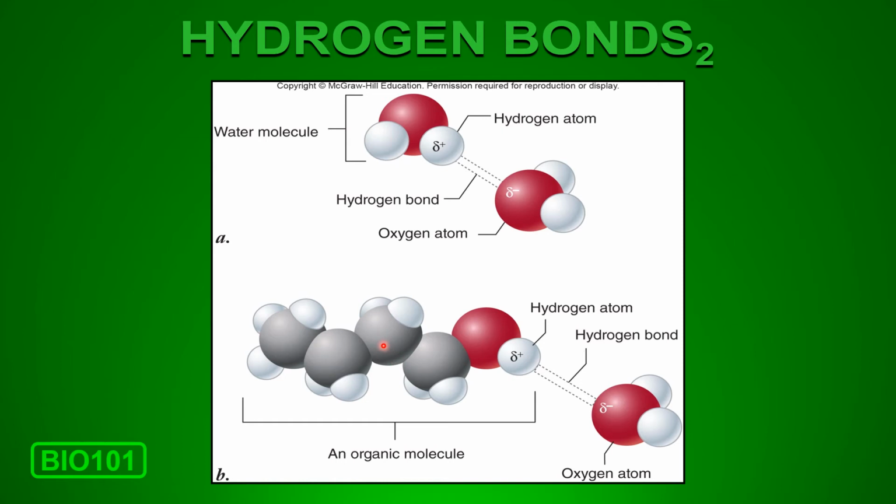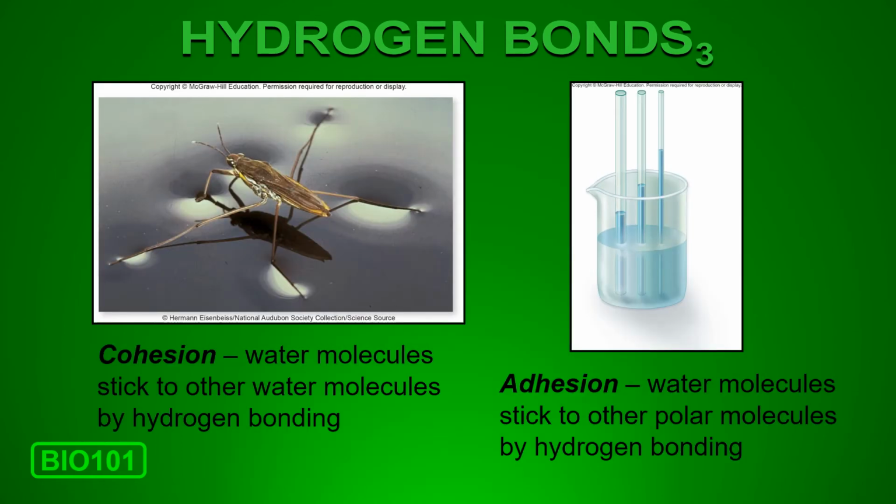That's its 4 single covalent bonds. This carbon is bound to 1, 2 hydrogens, covalently bound to another carbon, and covalently bound to this oxygen of this OH molecule.